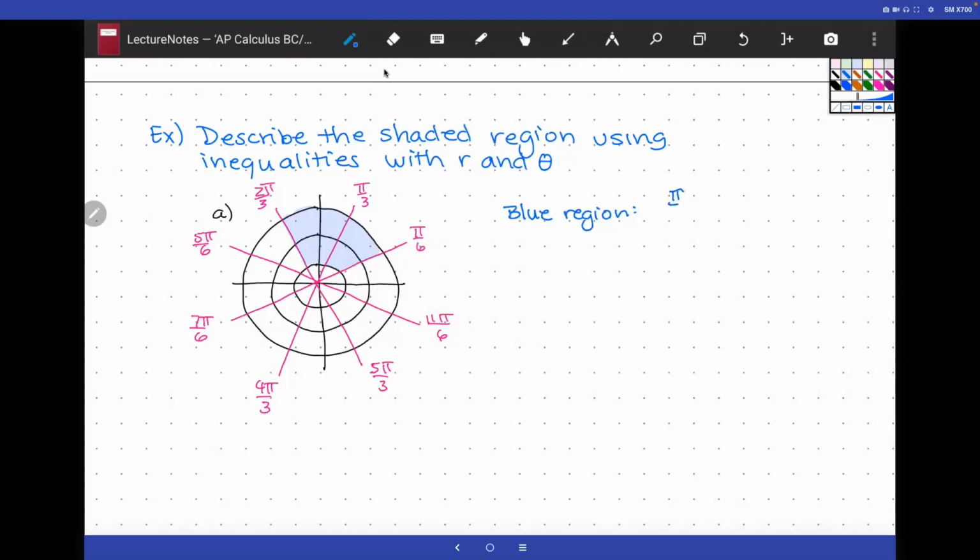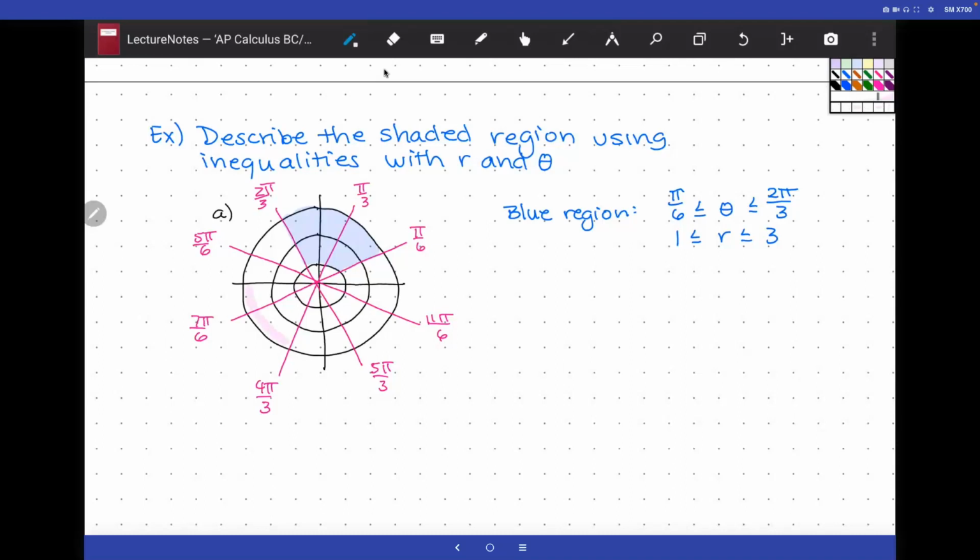So it goes from pi over 6 to 2 pi over 3. What about radius then? What's the radius shaded in between? 1 to 3. That's all they want. Literally. It's not that bad, is it?